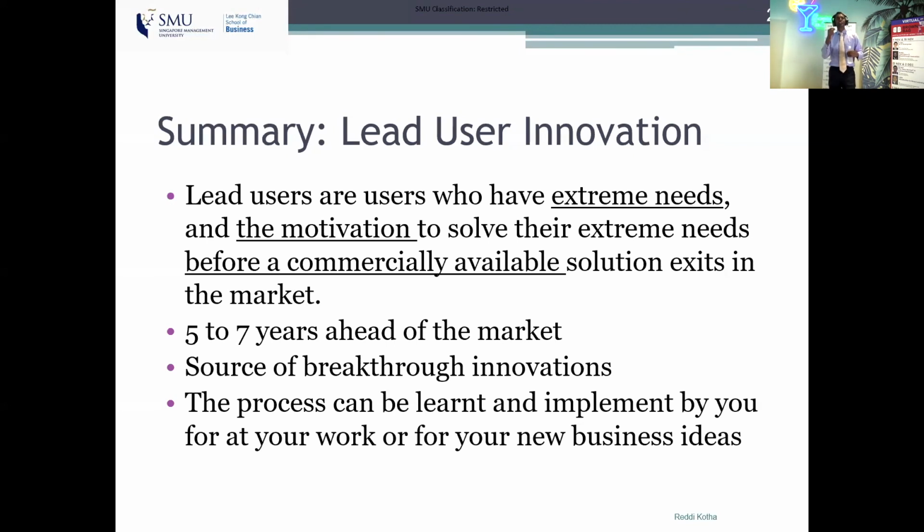If it's a brand new product without an already existing solution from a user with an extreme version of the problem, you are in the more traditional supply push. It's a very good question for us to think about the distinction between lead users and the traditional supply push innovation process. Okay, I'm at time now.